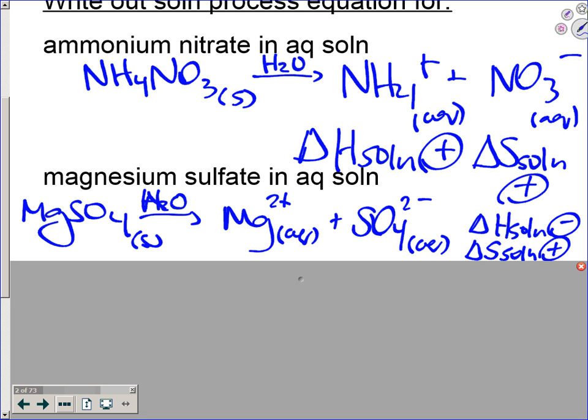Thermodynamically favorable. We could say spontaneous, but we want to try to use the right terminology. So delta G for both of these is going to be negative, because they occur, and they occur under the conditions present at, let's just say, room temperature. So the delta H and delta S and the temperature all agree to help delta G become negative overall. So if the process didn't occur, we would say delta G is what?